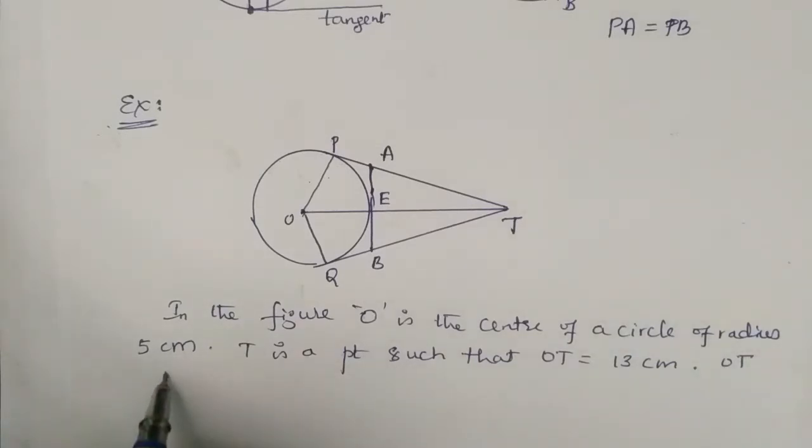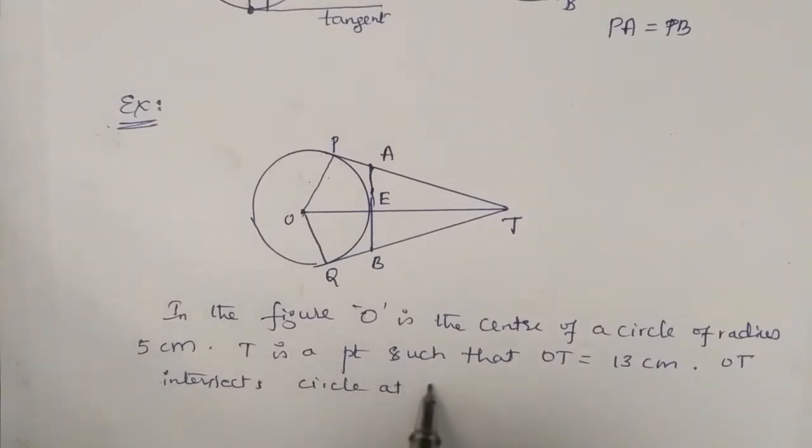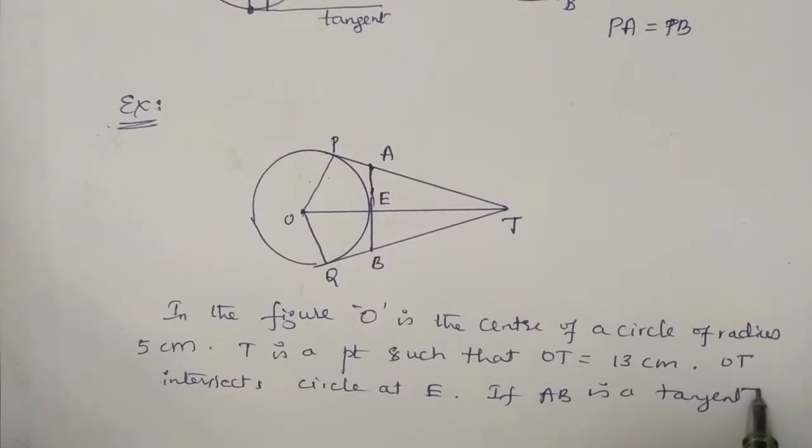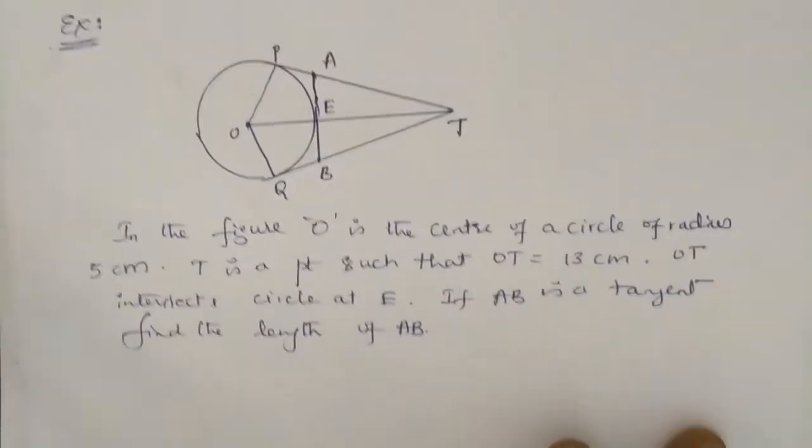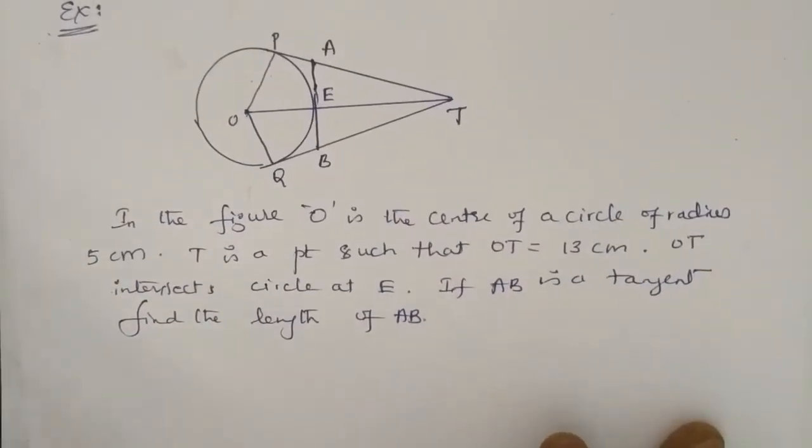OT intersects the circle at E. If AB is a tangent, find the length of AB. So this is the given question.